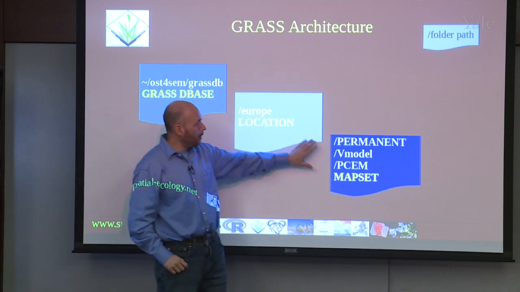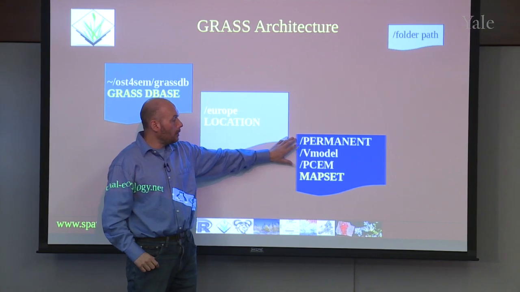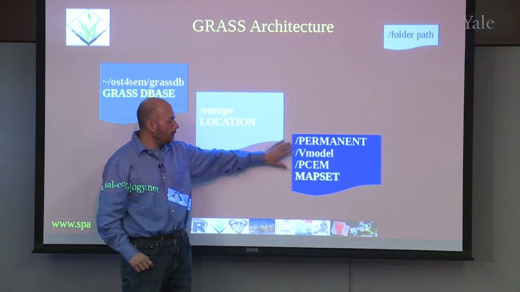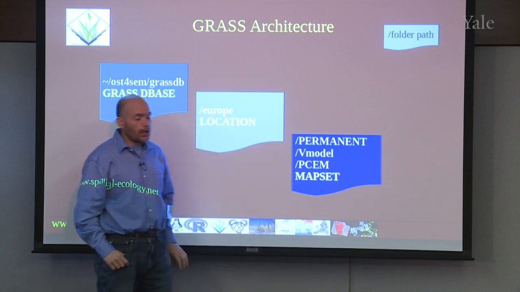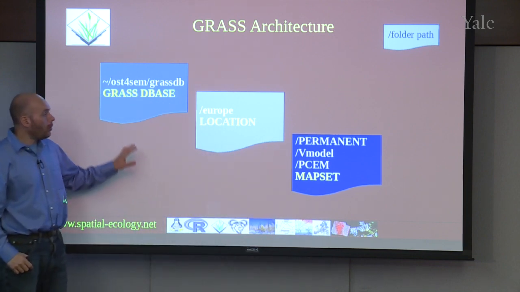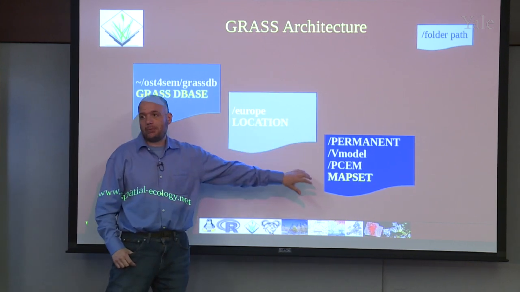Under Europe, you have the map set. There is always a permanent one, and then there can be a V-model or a PSAM, and these are user-defined. It's something that you create. So again, try to remember always these stairs: GRASS database, location, map set.